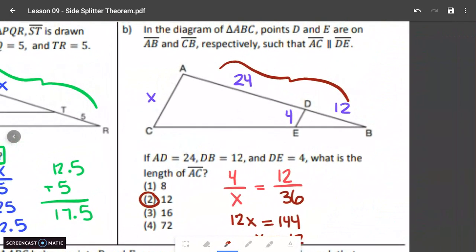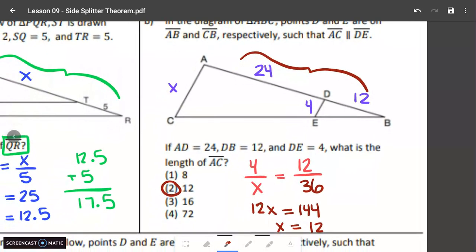Over here in B, we cannot use side splitter theorem. Notice it wants AC. AC is not being split. It's one of those sides that does not have a connecting piece. So AC and DE are involved. We're not using side splitter, which means we have to set it up as 4 over x equal to 12 over the whole side of 36.